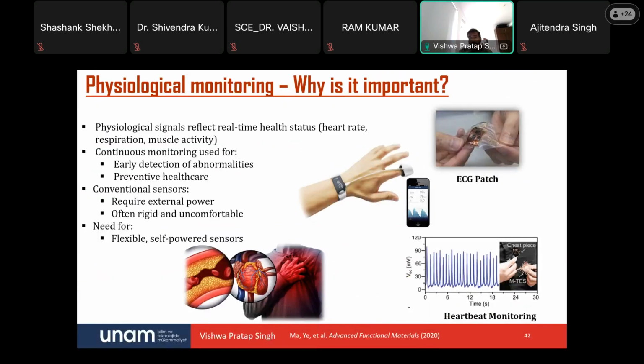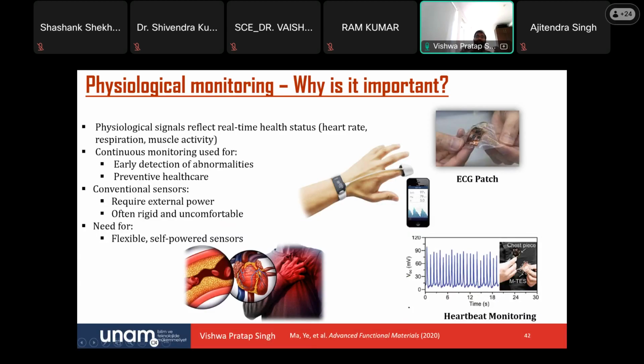We also did physiological monitoring. I have already described why physiological monitoring is important. Every person should know about an abnormality that is happening before it becomes serious, so that the serious issue can be prevented.